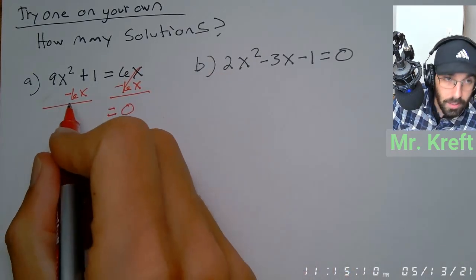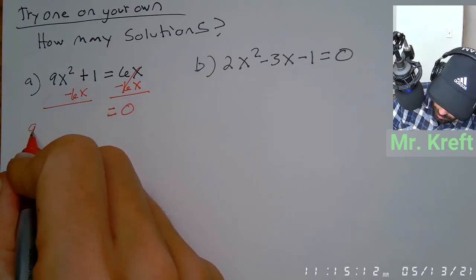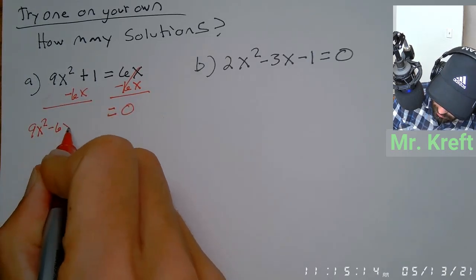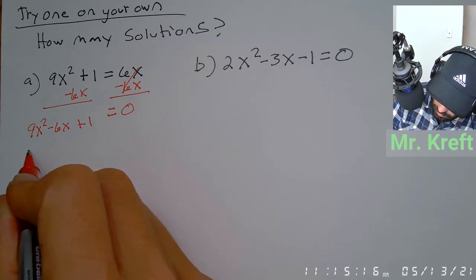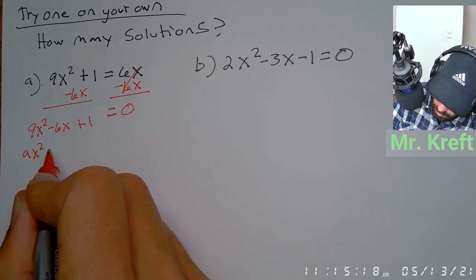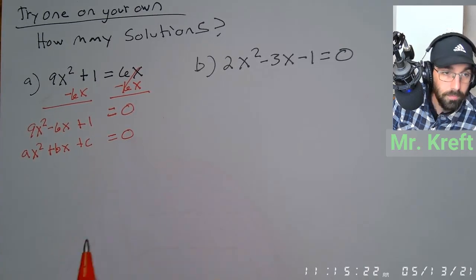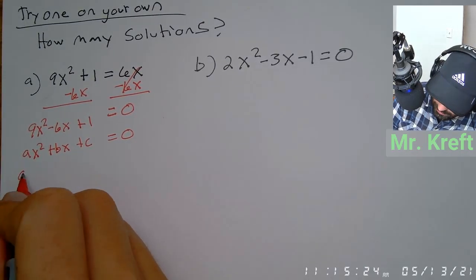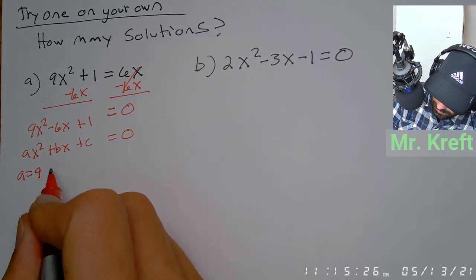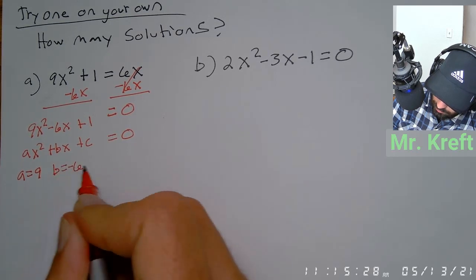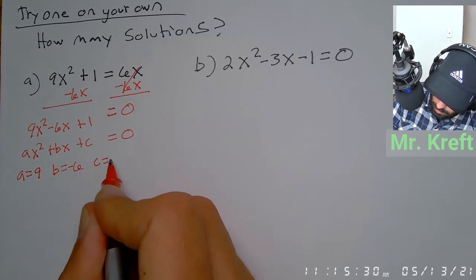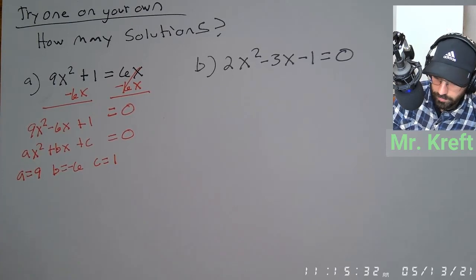That's what we want. And with the ordering, we put that negative 6x in the middle. So this is our ax squared, this is our bx, and this is our c. So I get a equals 9, b equals negative 6, and c equals 1.